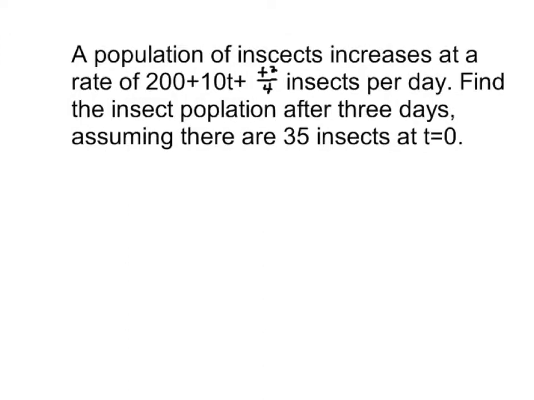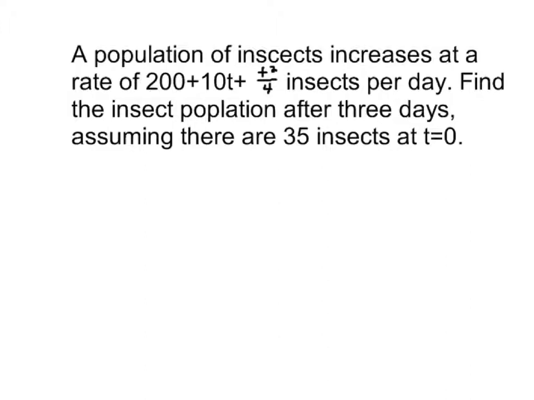Now, initial conditions matter. In the beginning problems, all we were looking for was net change, so I just had to deal with the regular integral. Now, pay attention to the wording in this problem. A population of insects increases at a rate of 200 plus 10t plus t squared over 4 insects per day.